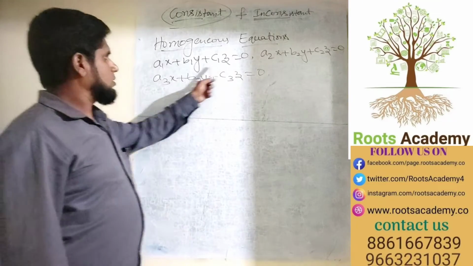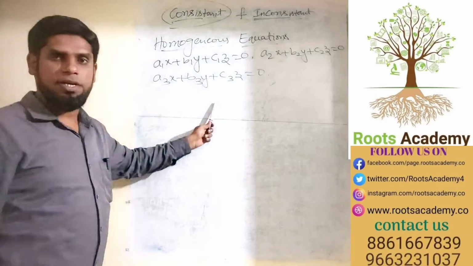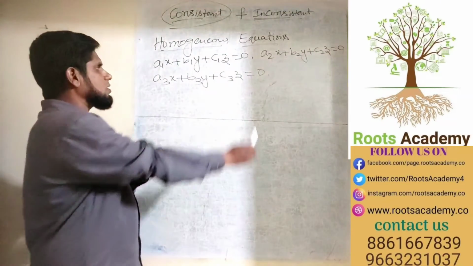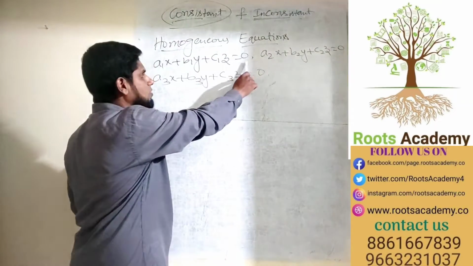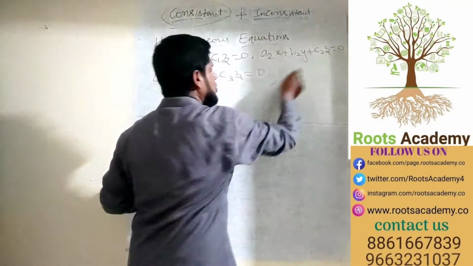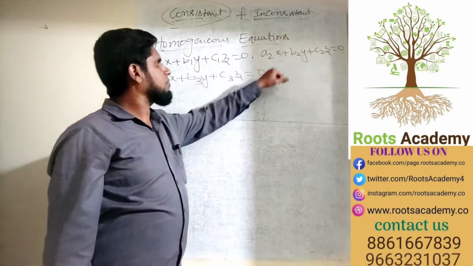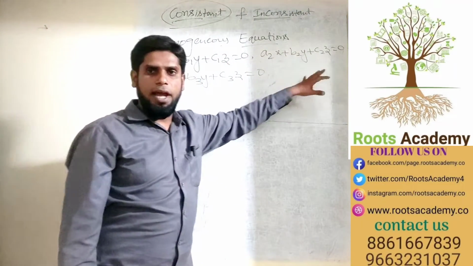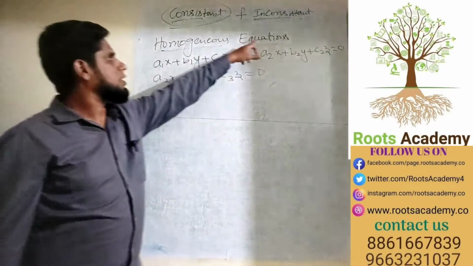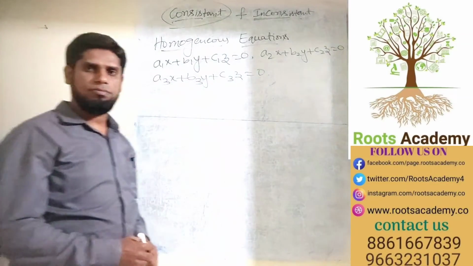You can check these three equations. In all these three equations, the right hand side part, that is our constant part, is 0. Then student, these kind of equations are declared as homogeneous equations.